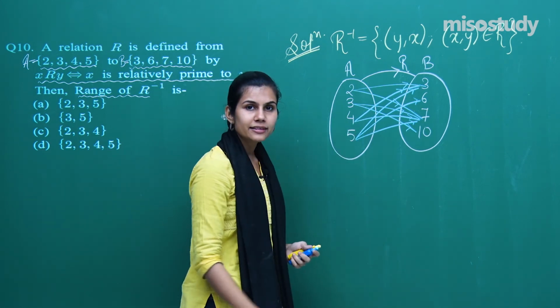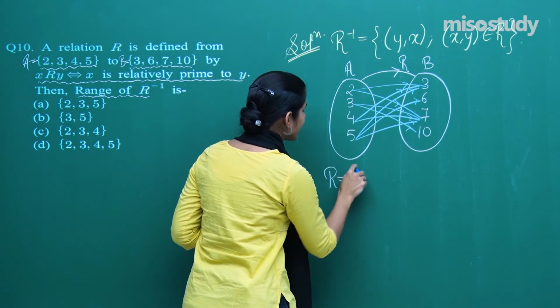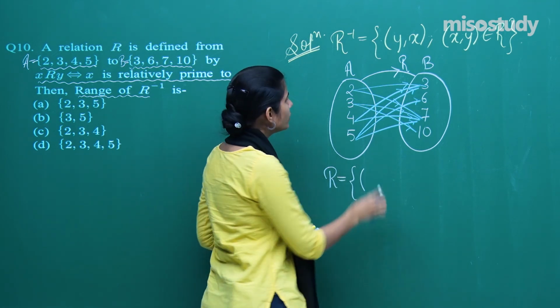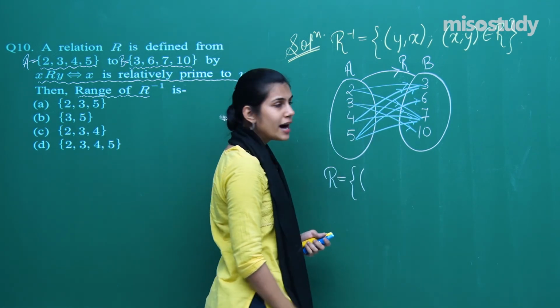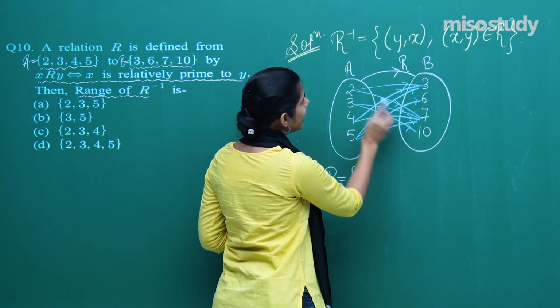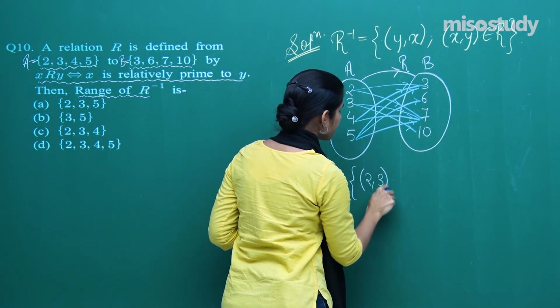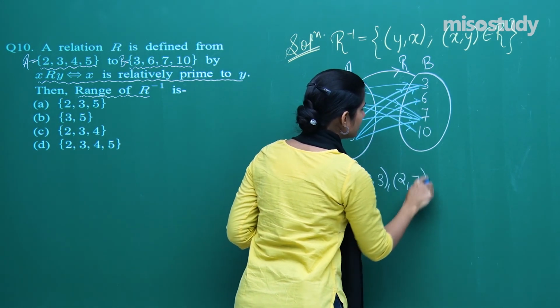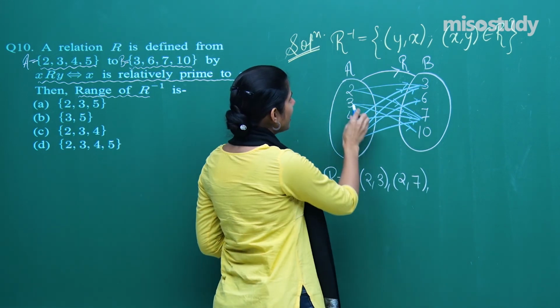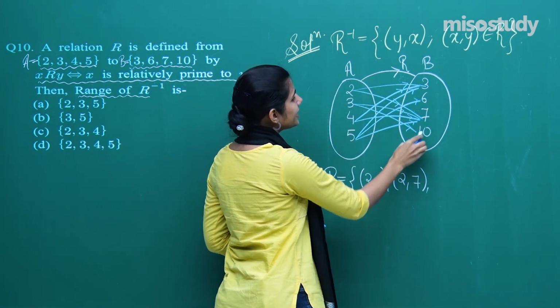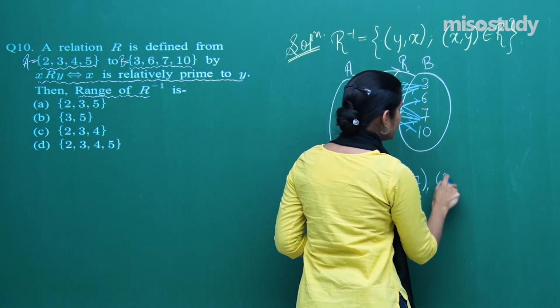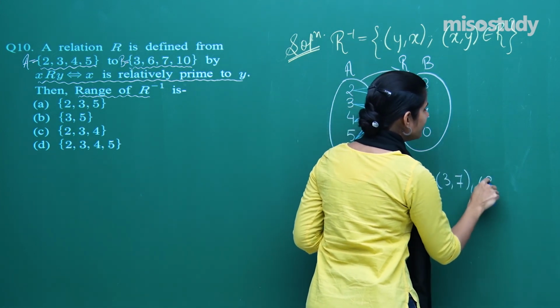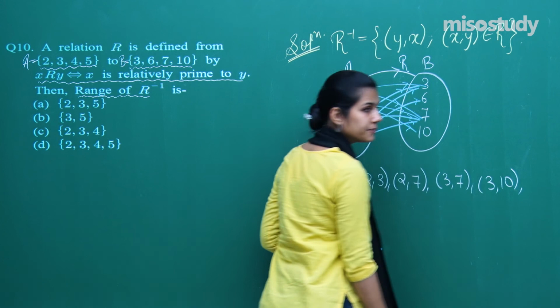By just interpreting these arrows, I get my set R. Starting from 2 there are 2 arrows, so I get (2, 3) and (2, 7). Then the next are 2 arrows from 3 terminating at 7 and 10, giving me (3, 7) and (3, 10).